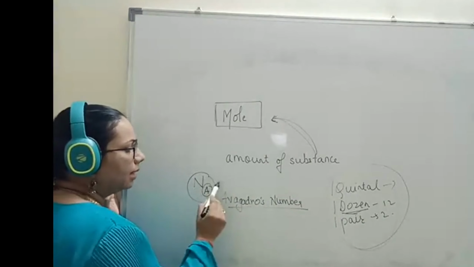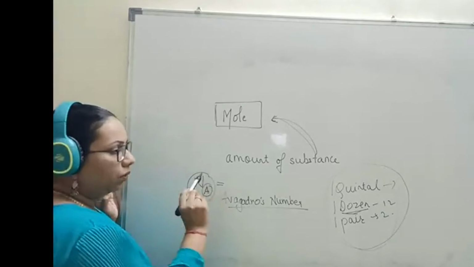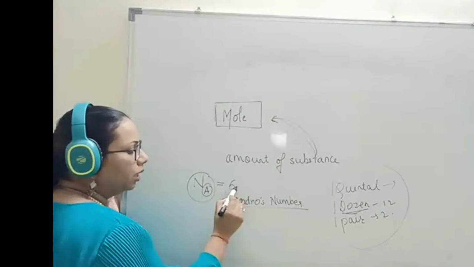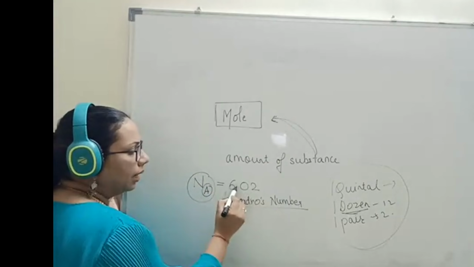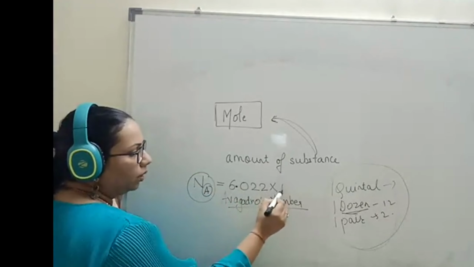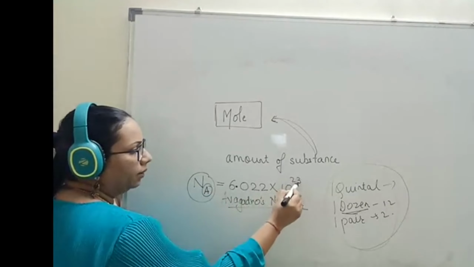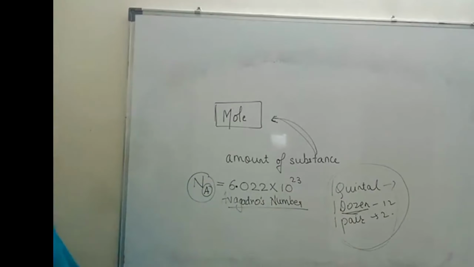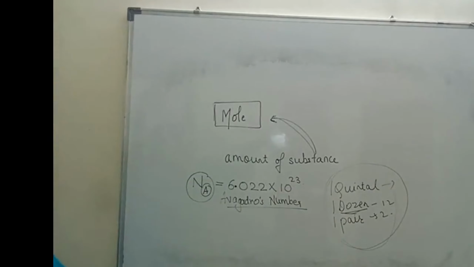It is a constant number and it will not have any specific unit. You all need to take note of this. It's 6.022 into 10 to the power 23. It's actually in trillions, so we cannot write so many zeros. It's better to write it in exponent form.